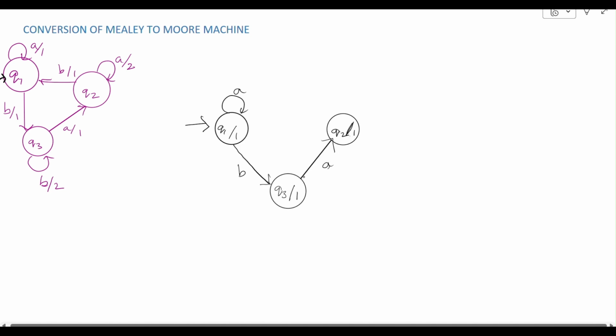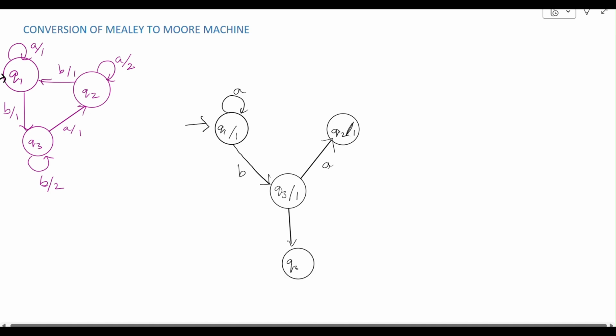Okay. Now Q3 on accepting B, it is producing an output 2 and it is moving to Q3 itself. But what is the output here? Output is 1. So you cannot map it to this node. So you have to make an extension to the Q3 state.